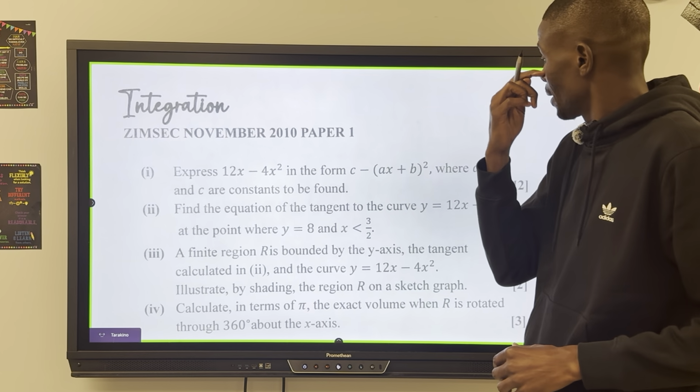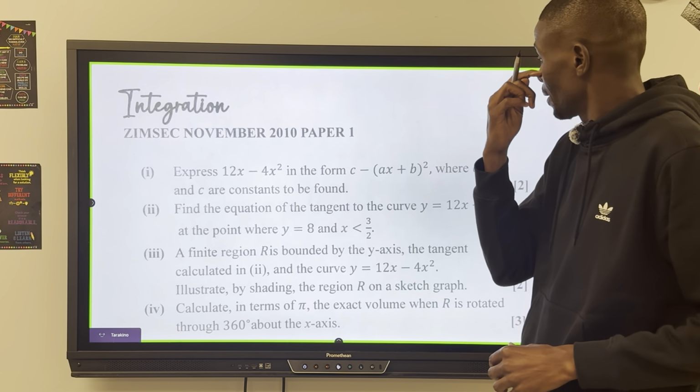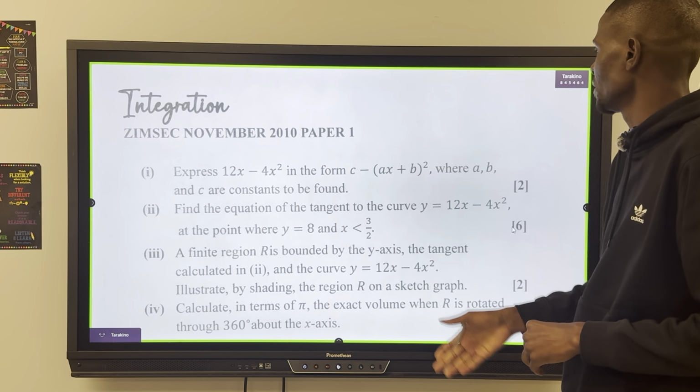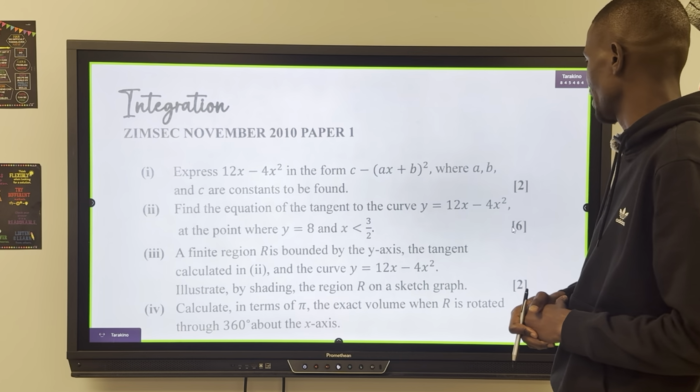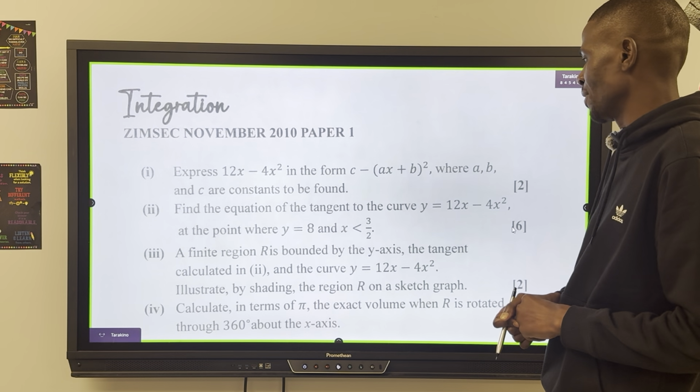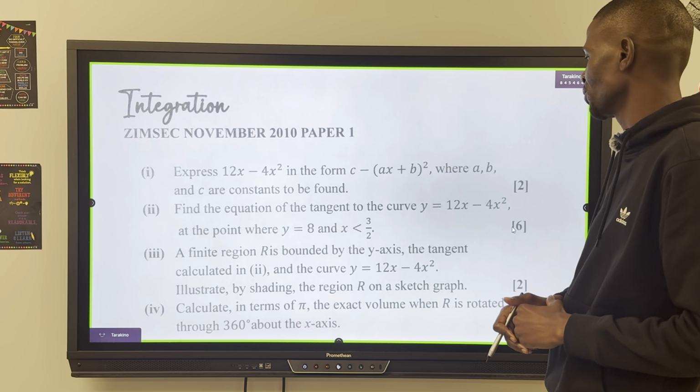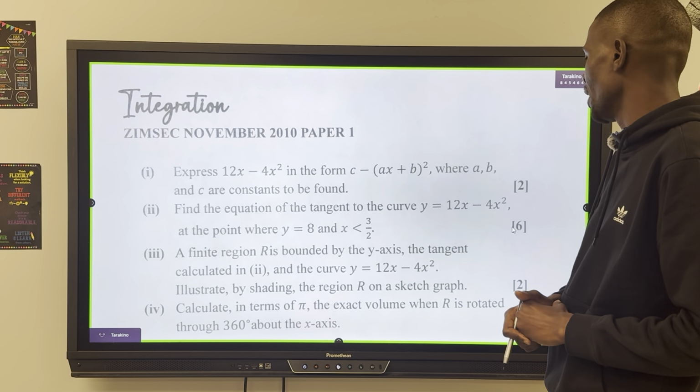On the first part, we are supposed to express the expression 12x minus 4x squared into that form. On the second part, we need to find the equation of the tangent to the curve at that particular point. Then on part 3, we are supposed to make a sketch for the given information. Then lastly, we need to find the exact volume when R is rotated through 360 about the x-axis. Okay, so with that being said, let's quickly go over this.